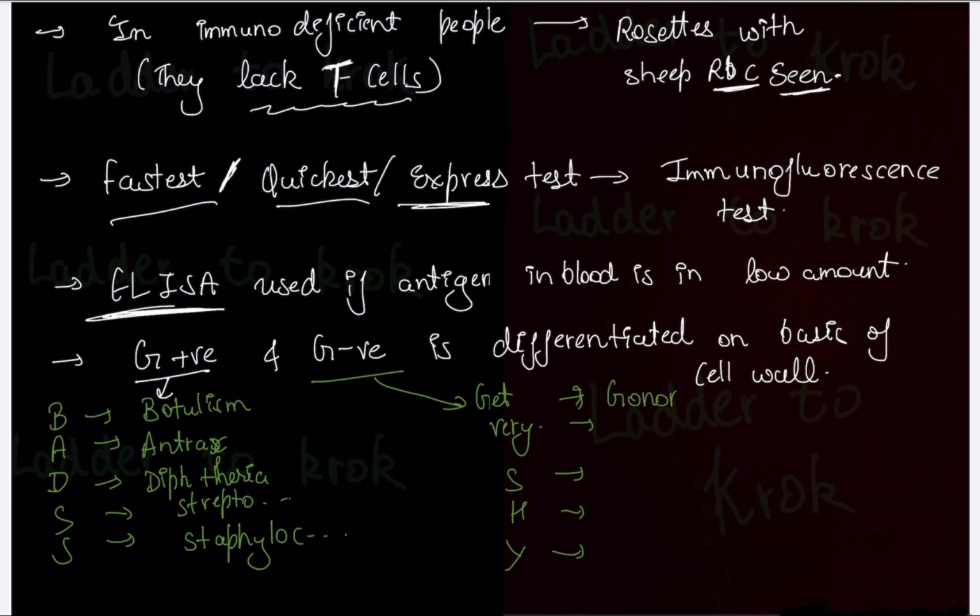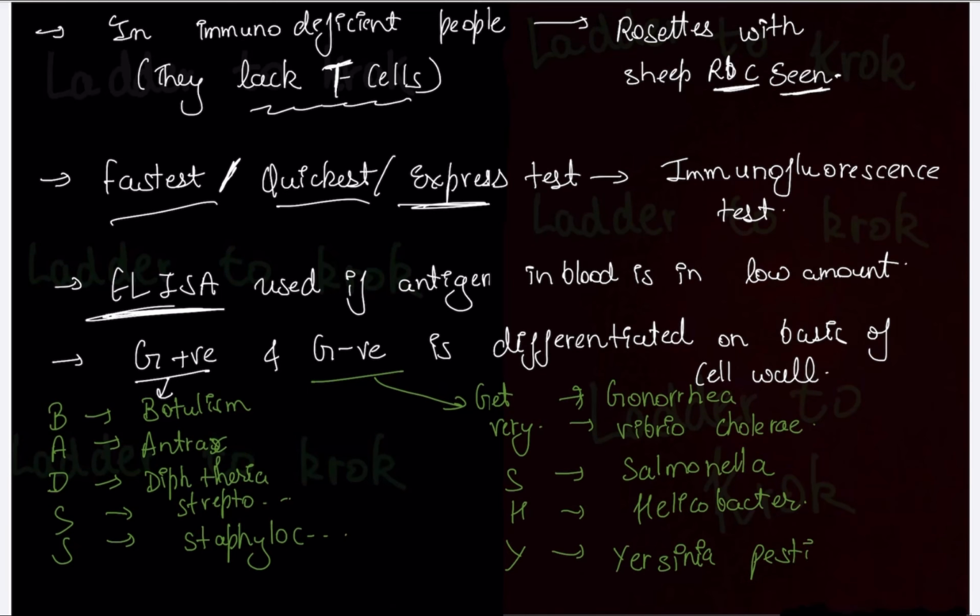G for gonorrhea, V for Vibrio cholerae, S for salmonella, H for Helicobacter pylori, and Y for Yersinia pestis.